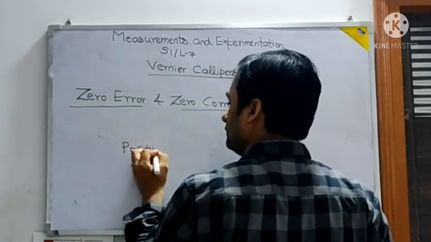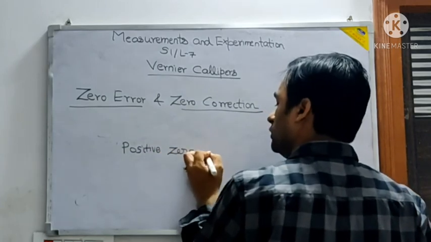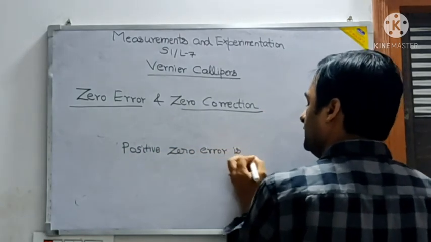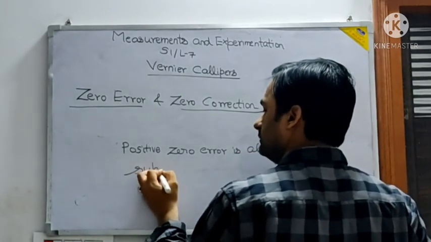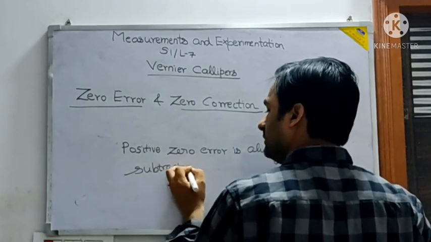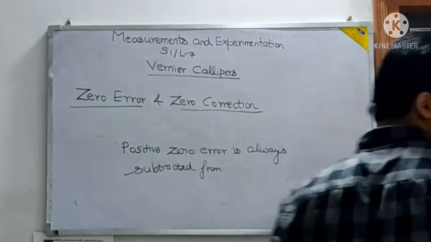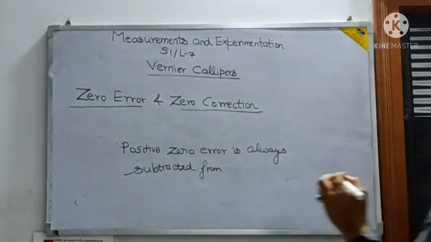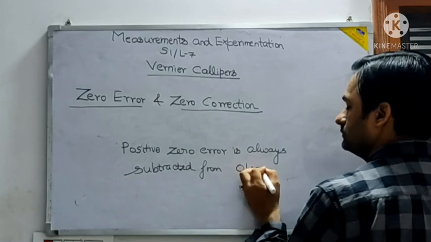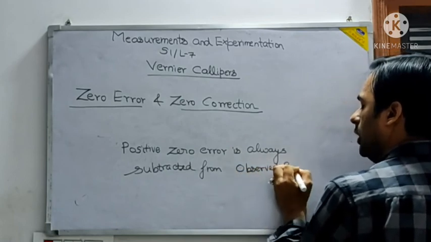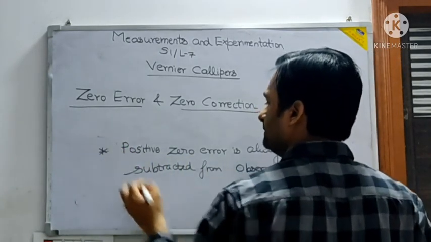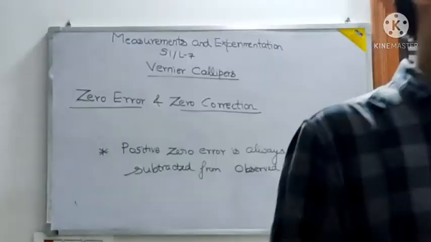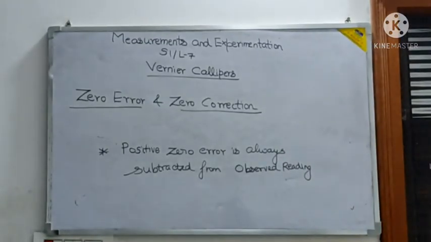Positive zero error is always subtracted from observed reading. Observed reading means observed diameter. This thing is important, you must write. And another hint is that positive zero error means the vernier scale zero is towards the right of the zero of the main scale.